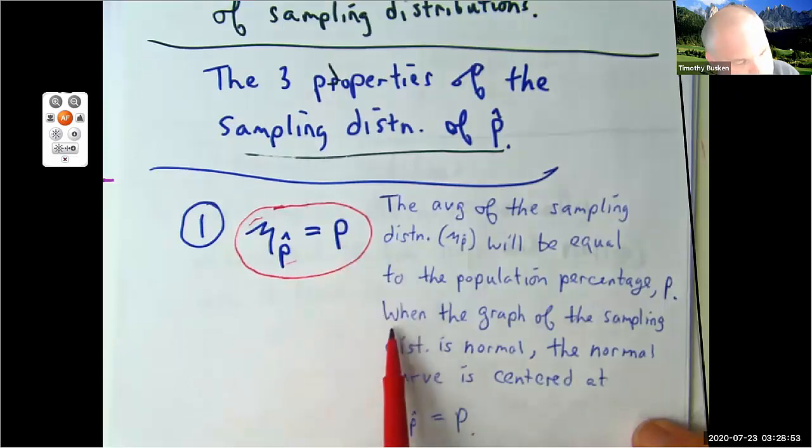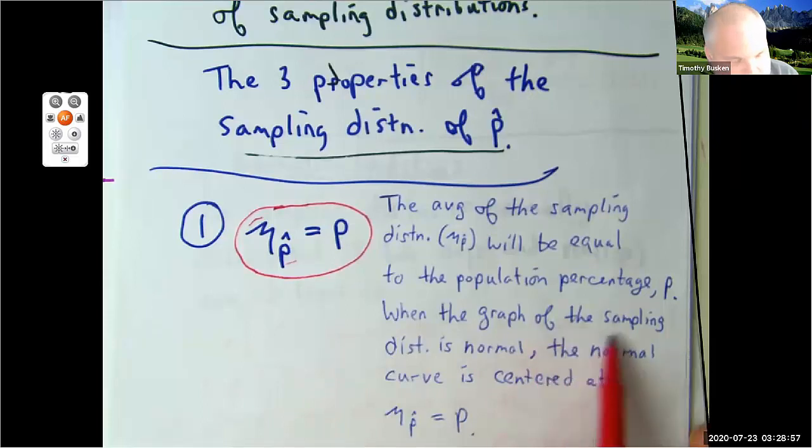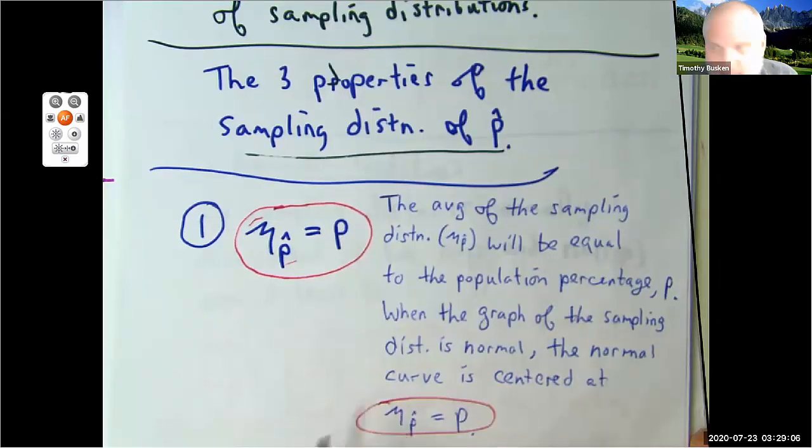Not only that, but when the dot plot of the sampling distribution is normally distributed, the normal curve will be centered at mu sub p hat equals p.